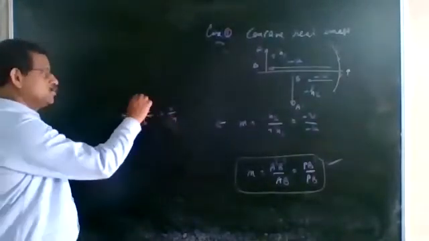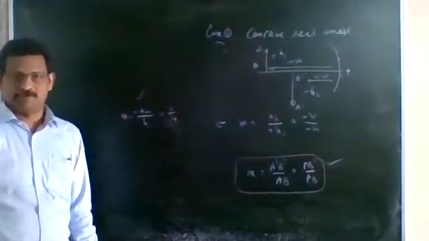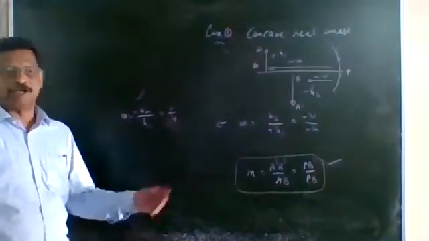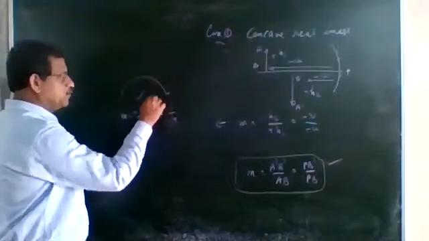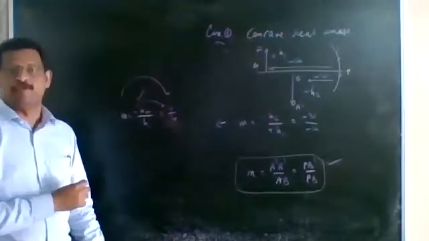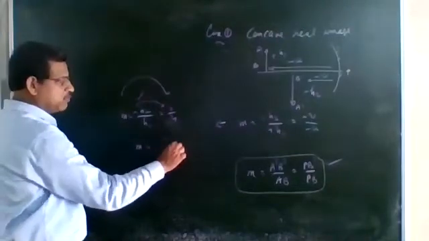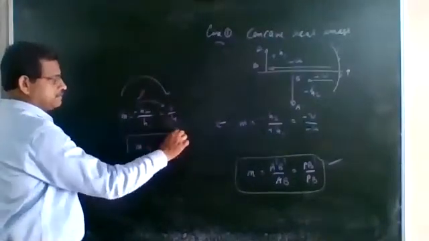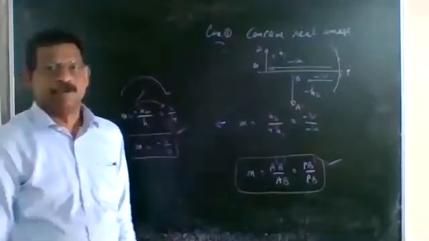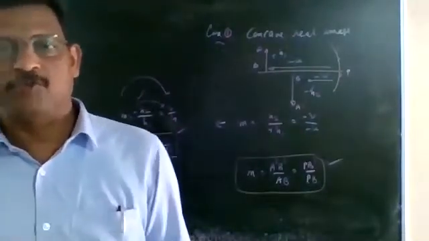This negative sign shows that the image is real and inverted. So m equals minus v by u.